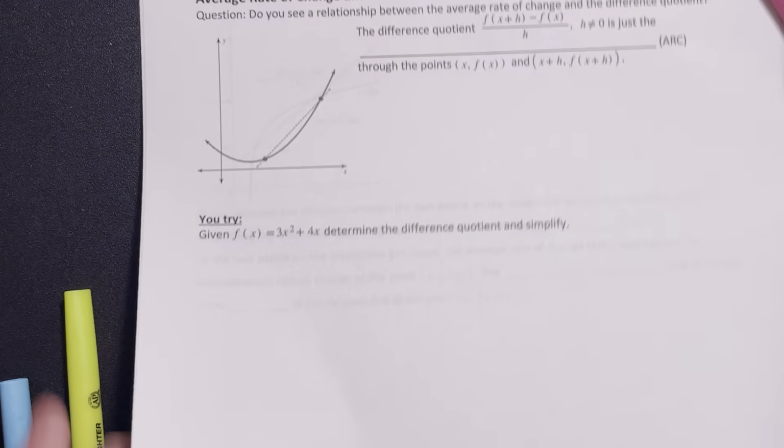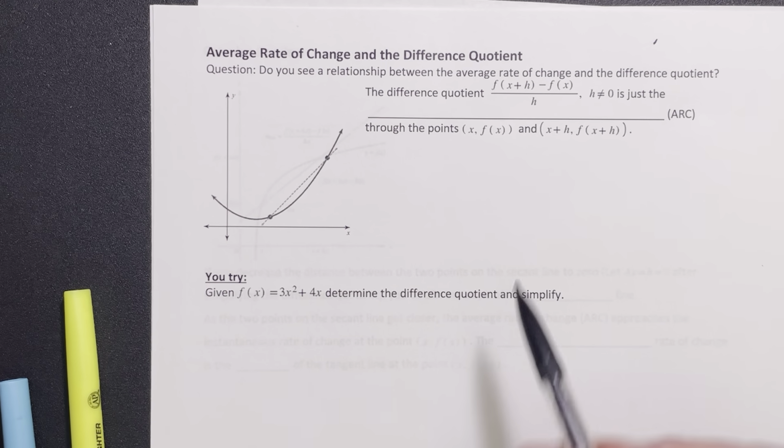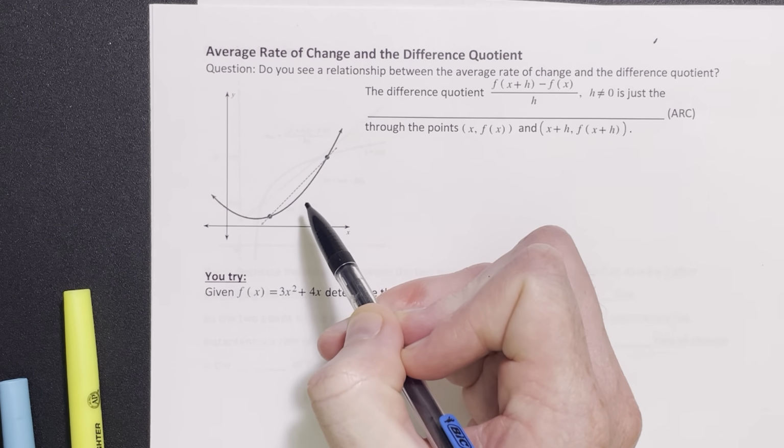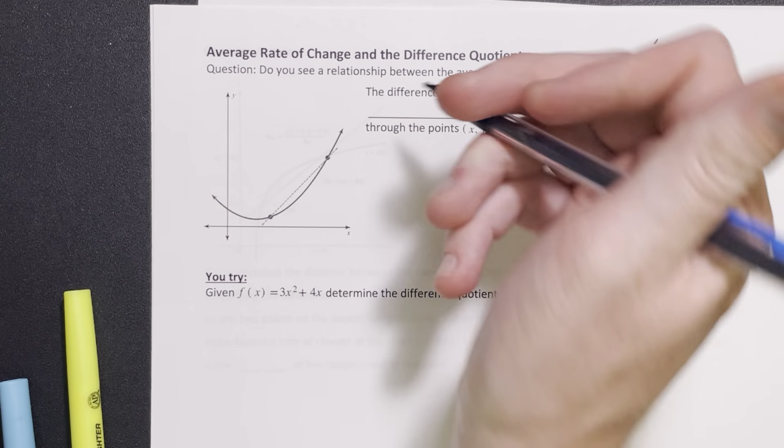On the back of that page, or the next page, you'll see this relationship between the average rate of change and the difference quotient. The difference quotient is an application of the average rate of change.